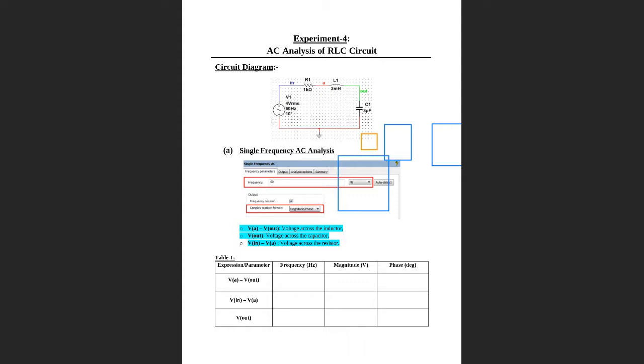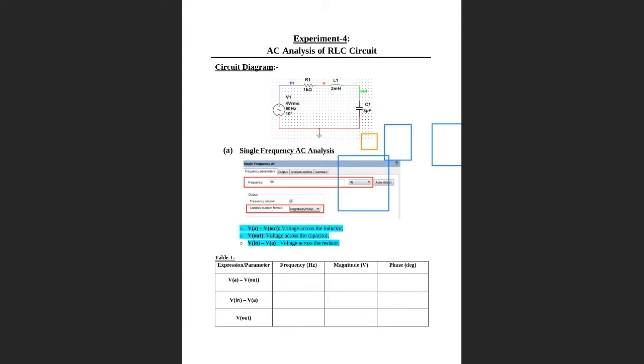What is the name? The name you should use is in, and show net name. It will display the net name, and the color you can change to blue, for example. Press OK, apply. You can observe that the connection color is changed to blue and the name is in.